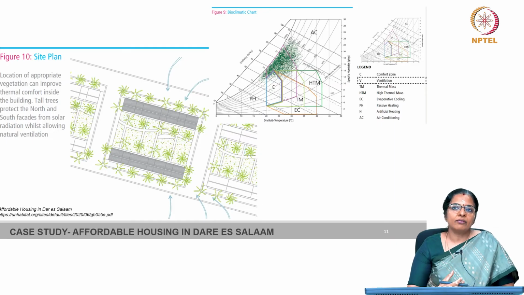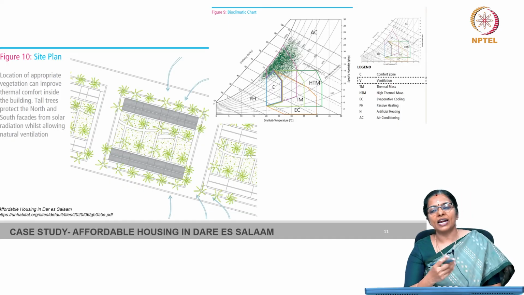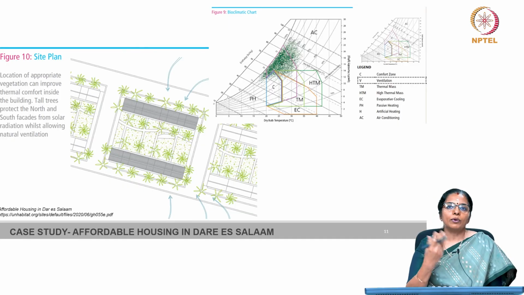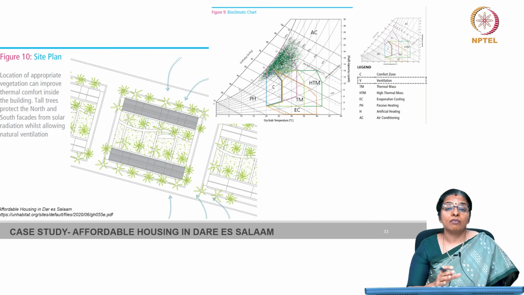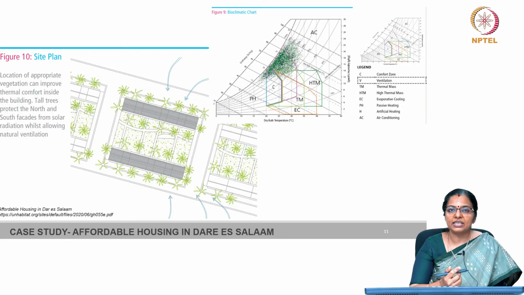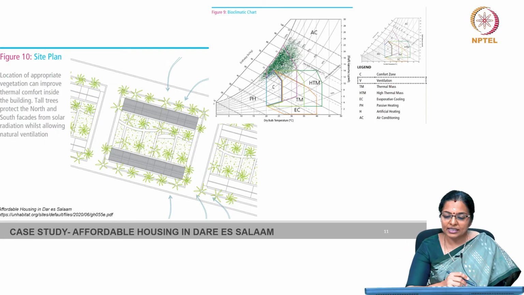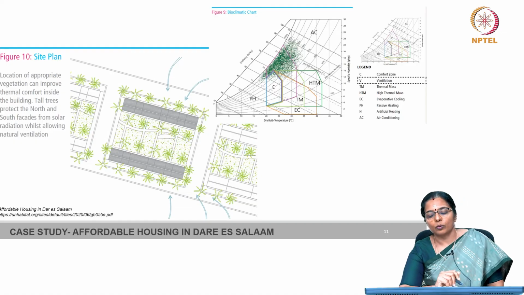And one easy way of doing it is through ventilation. When breeze flows, and that is why people use a small piece of paper or a small kerchief to wave when they are in an environment which is warm and humid. So, it is important to have breeze flowing.